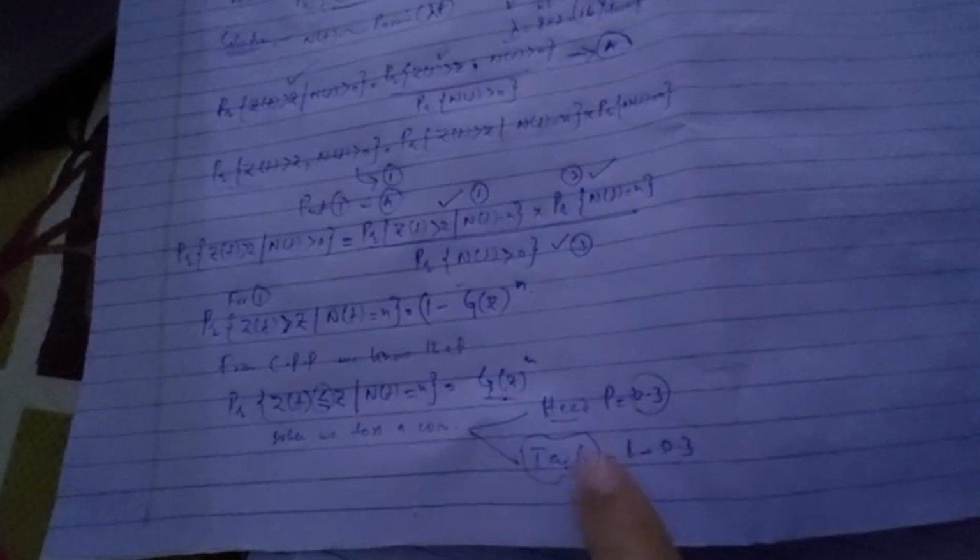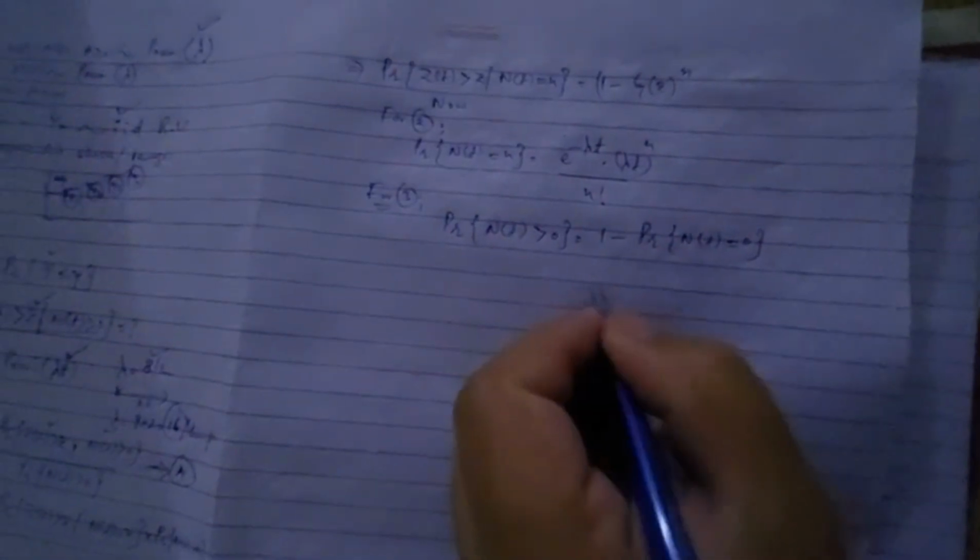Same as I did in the example for the head and tail. So it will be equal to 1 minus this, using the same formula.